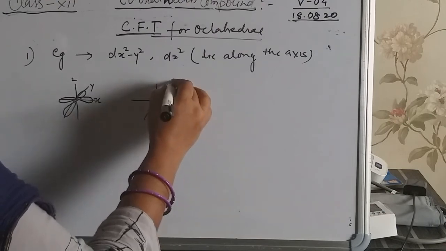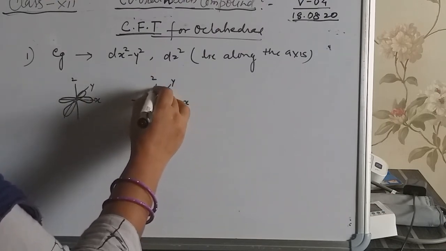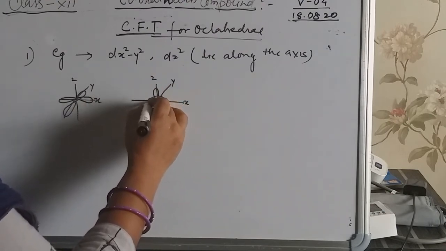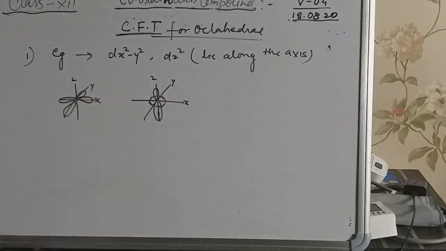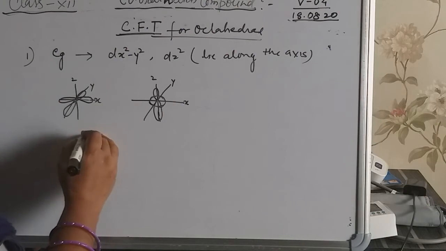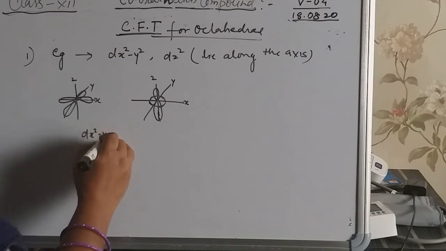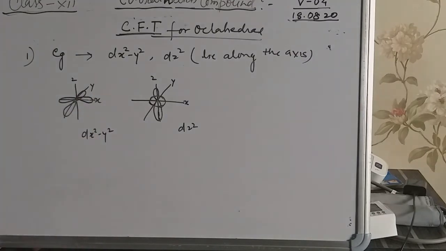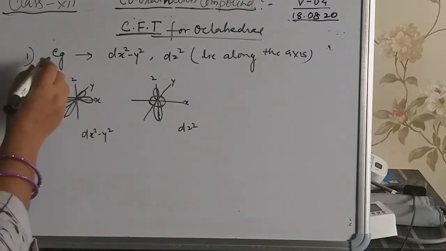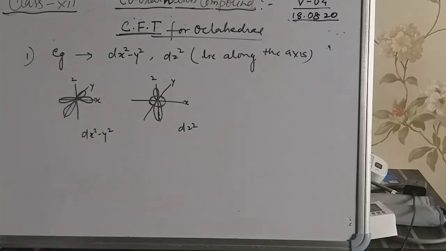Suppose this is x, this is y, this is z. So this type of structure is formed. This is dx square minus y square, and this is dz square. These two orbitals are known as eg, means doubly degenerate orbitals.